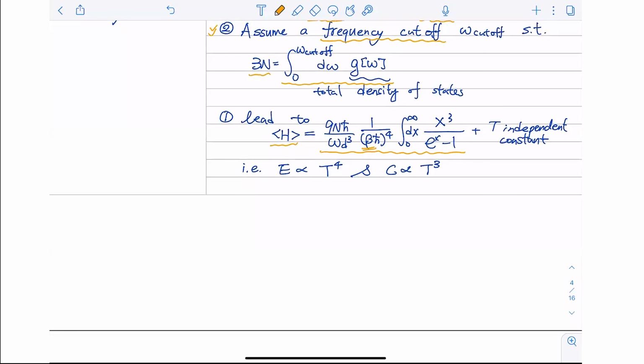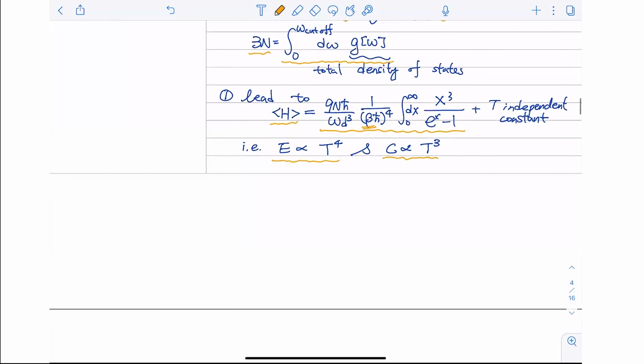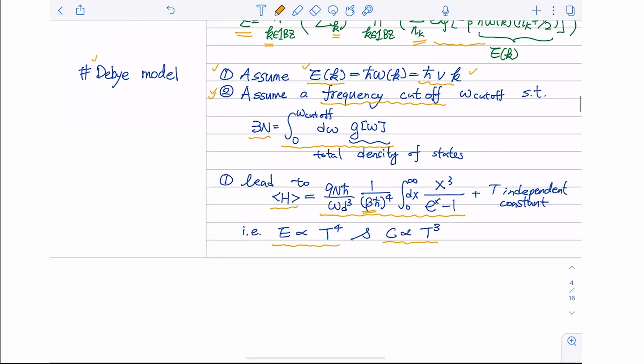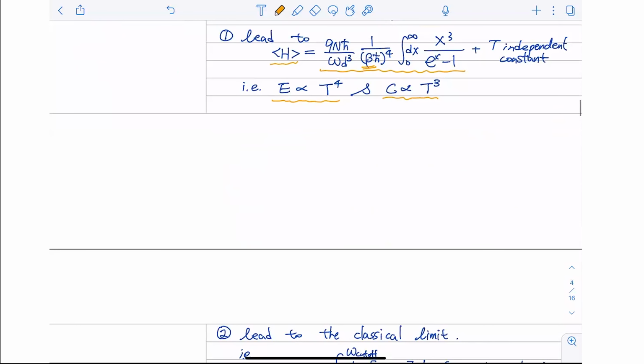It turns out that the expectation value, or the internal energy, for this system with a linear dispersive mode will be proportional to T to the power of 4. Okay, that means that the specific heat will have a T cubed contribution. And this is a feature related to this generic behavior of the linear dispersive mode.